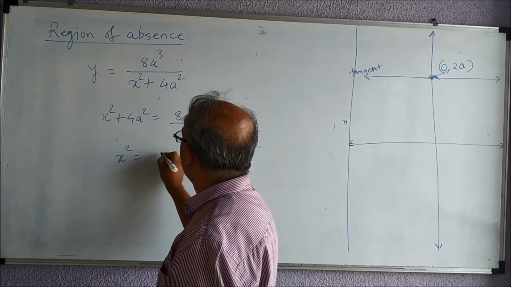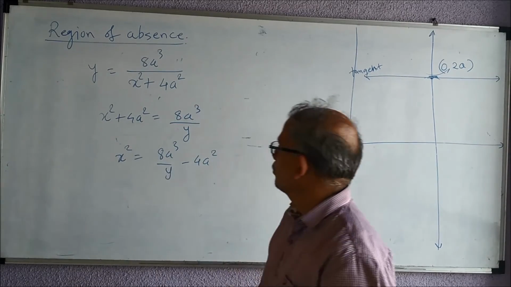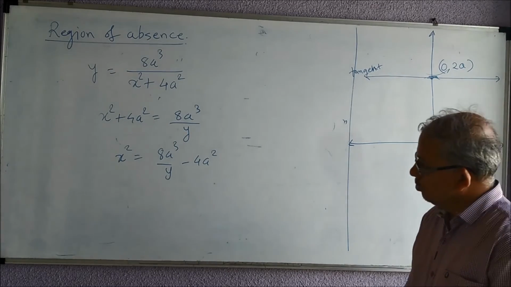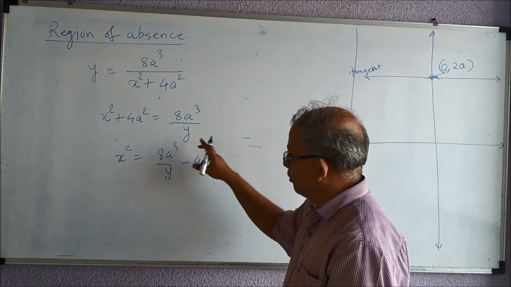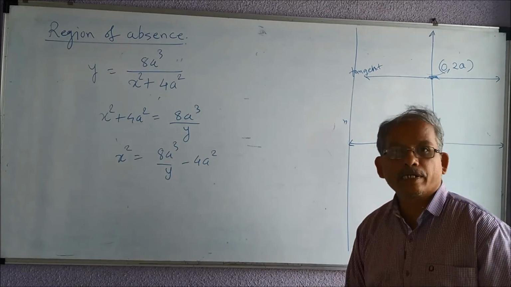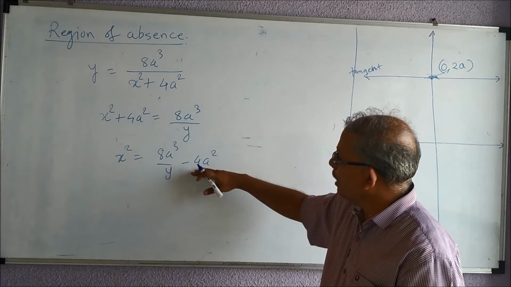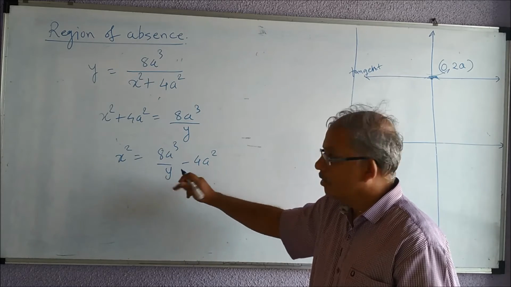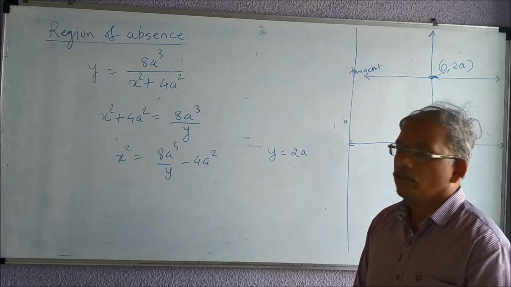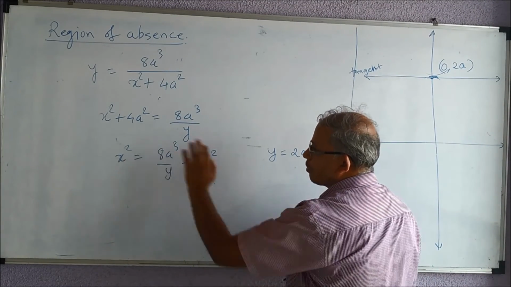So x square will be 8a cube by y minus 4a square. Now to make this quantity negative, I need to keep 8a cube by y smaller than 4a square. When y is equal to 2a, this quantity will be exactly 4a square and then x square will be 0.